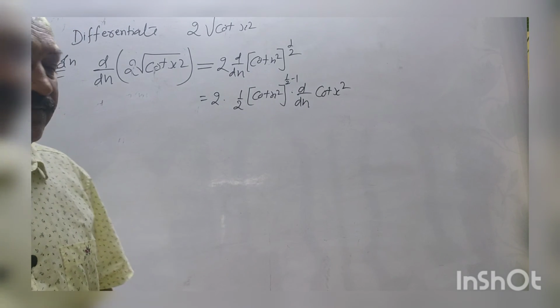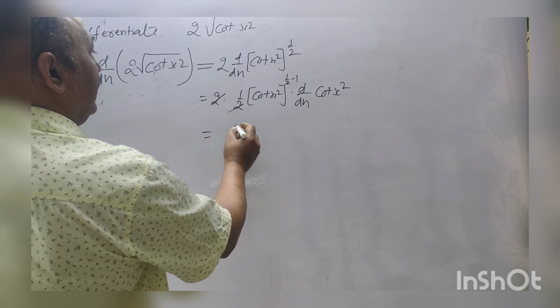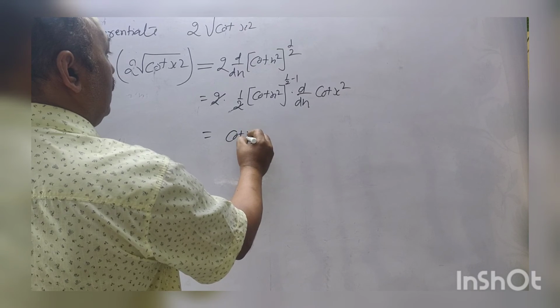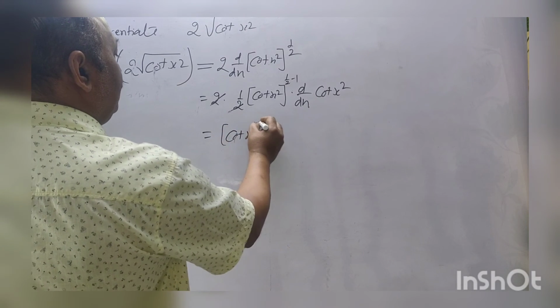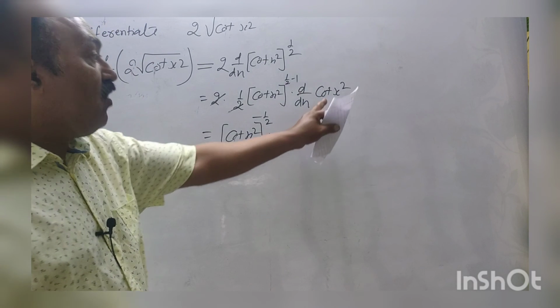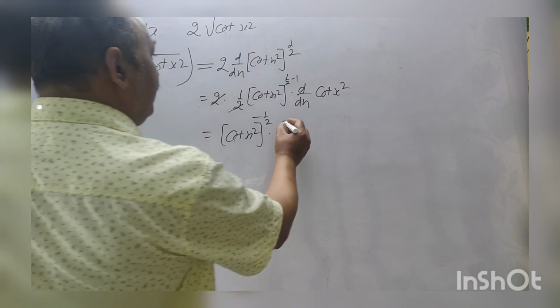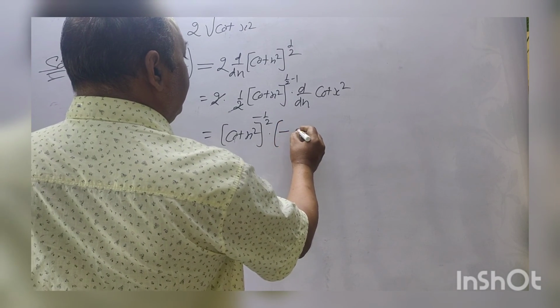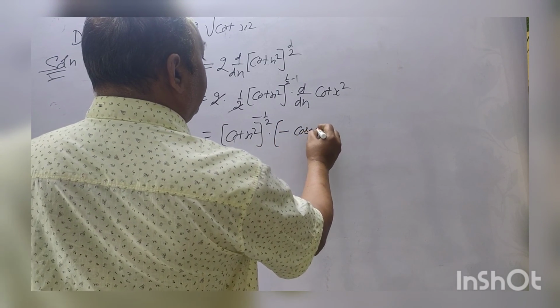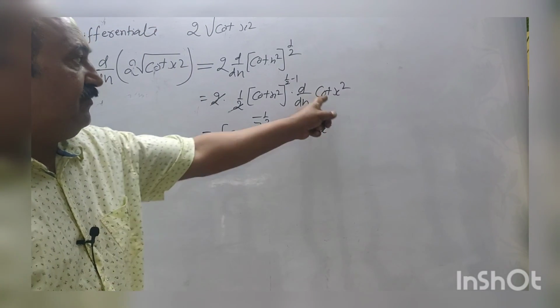Applying the chain rule, that is equal to, 2 and 2 cancelled. We get cot of x square raised to power minus 1 by 2 and derivative of cot of f(x). Derivative of cot of f(x) is negative cosecant square f(x), means cosecant square x square.